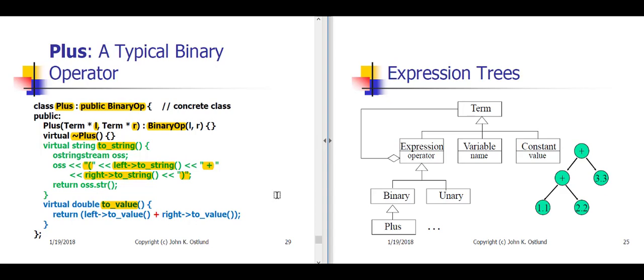So we would see something like open paren 3.3 plus 2.2 close paren if we ask to see a plus object displayed as a string. ToValue is similarly straightforward. The value of a binary plus on two double operands is simply the left-hand value plus the right-hand value.